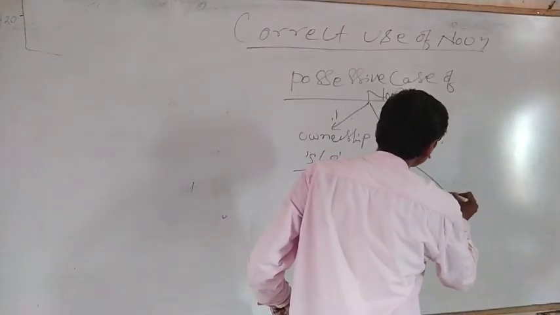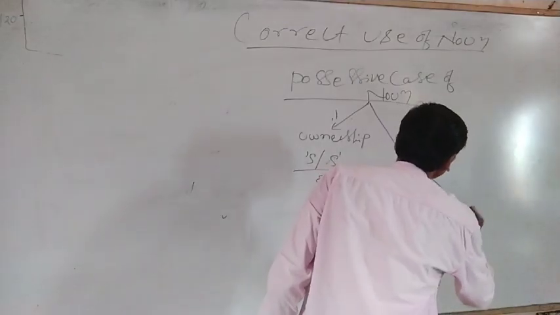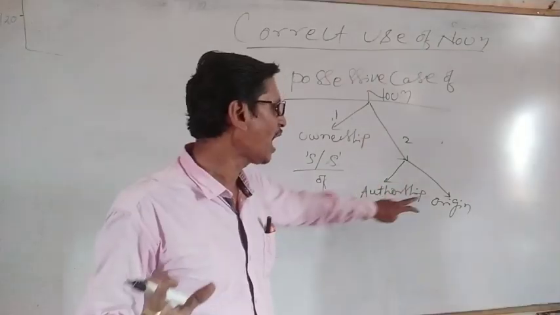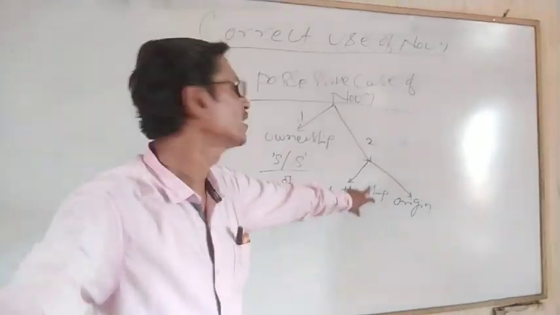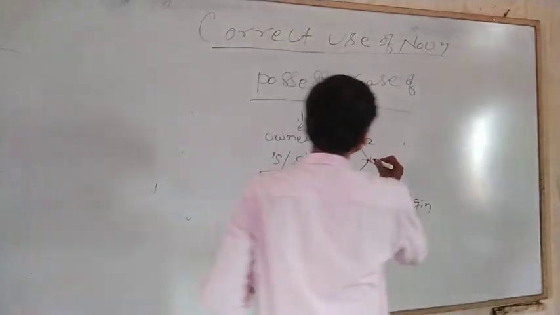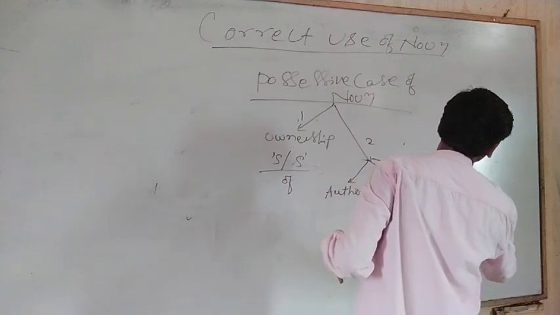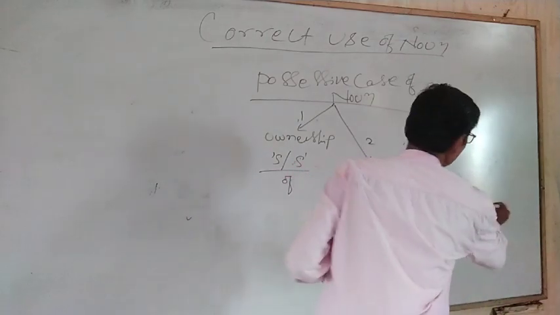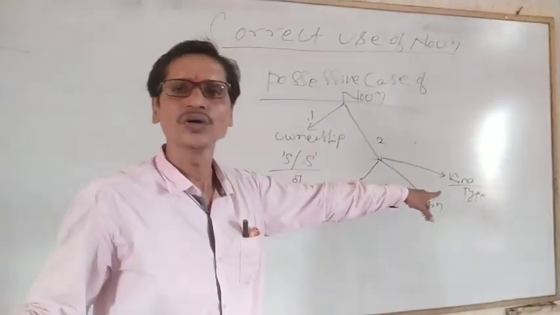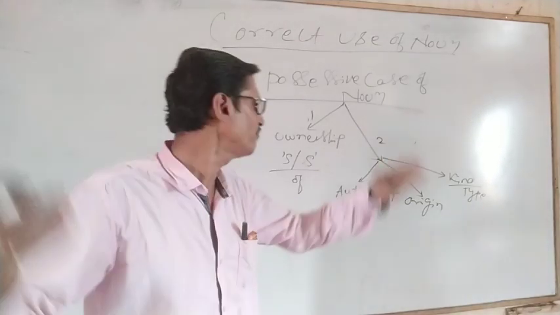Similarly, when we talk about the origin, that means the source, we also use the possessive case of a noun. Similarly, when we talk about the kind or type, we also use the possessive case of noun.